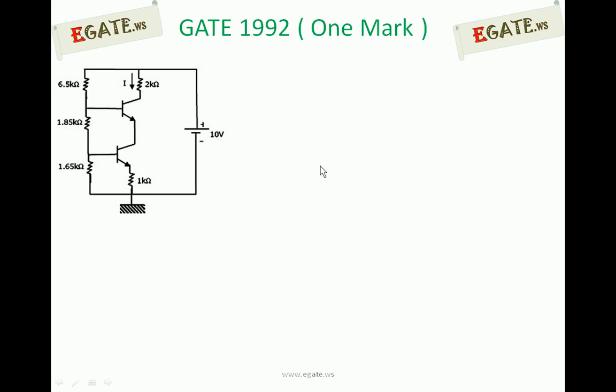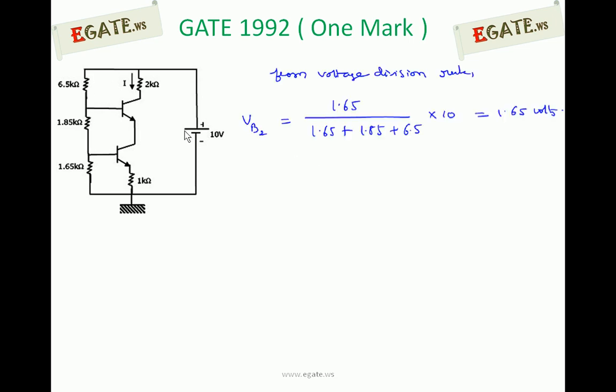We can use the voltage division rule to calculate the voltage at the base of the second transistor, that is the voltage drop across 1.65 kilo ohms. VB2 is 1.65 divided by the total resistance, 1.65 plus 1.85 plus 6.5, times the total voltage of 10 volts. So VB2 is 1.65 volts.